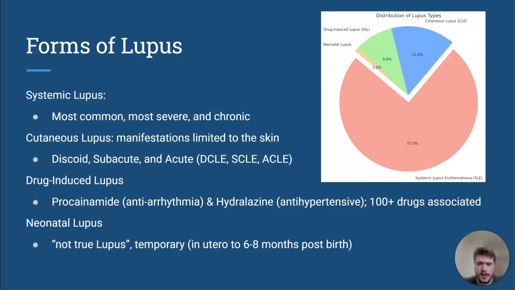It's just the cause is linked to certain drugs. Procainamide and hydralazine are two very common drugs that cause it, but it's been associated with over 100 drugs. And then neonatal lupus is not a true lupus because it's very temporary, and it only occurs because of antibodies that have transferred from mother to baby across the placenta, and it lasts in utero to a number of months after birth.